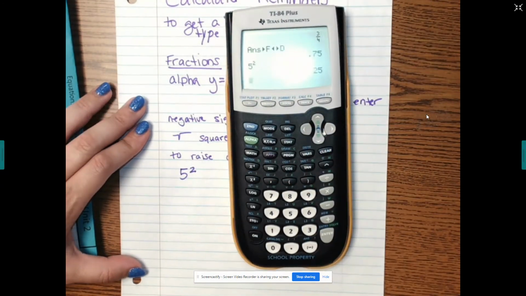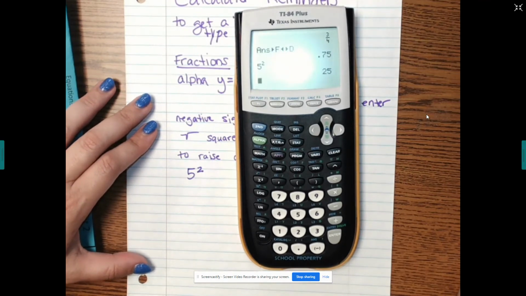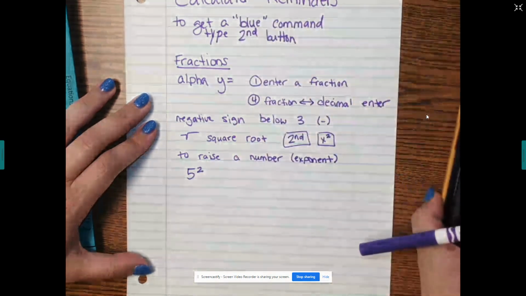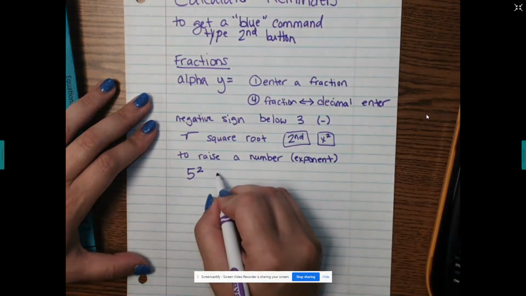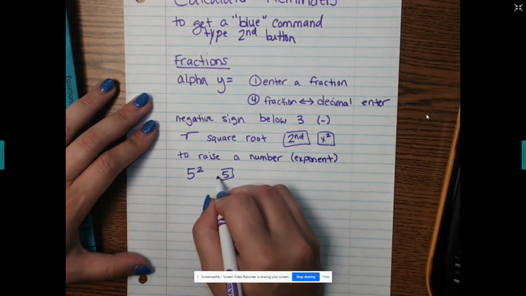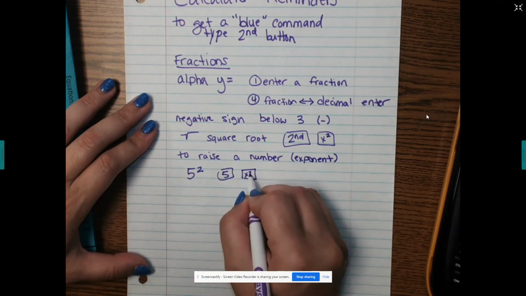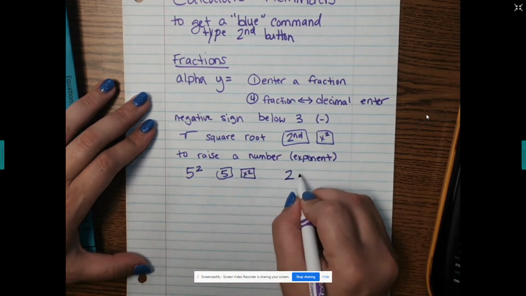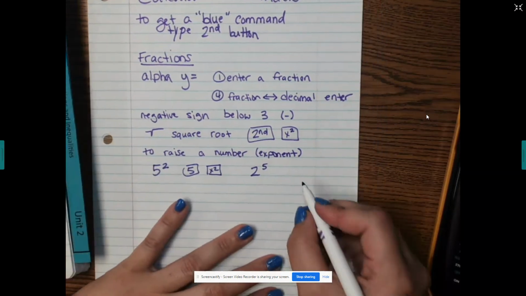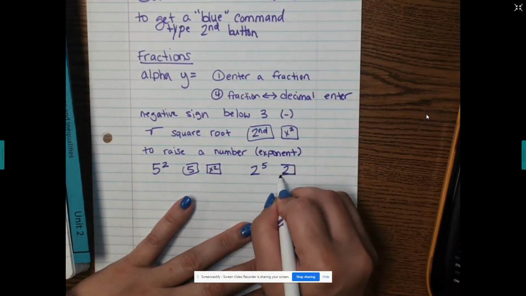It's 25. And again, you probably knew that. But if I want to raise 2 to the 5th power, when they're in a box, that's the button.